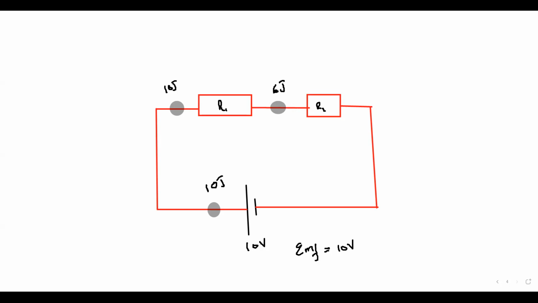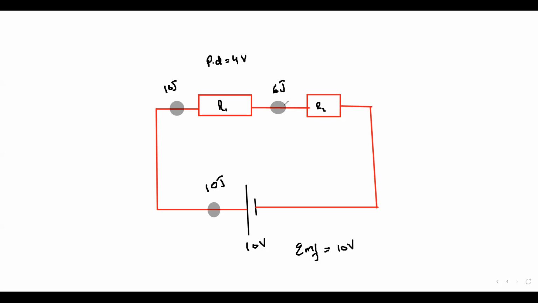So how much energy is being transferred? The energy which the charge transfers, we call that the potential difference. Before entering it was 10, once it passes it is 6. So how much energy is transferred? It transfers 4 joules, or we can say 4 volts.